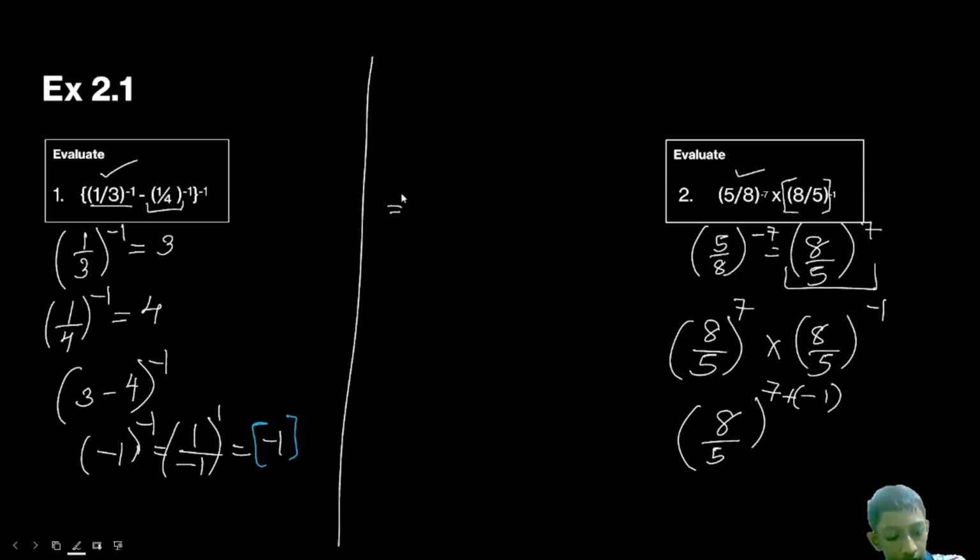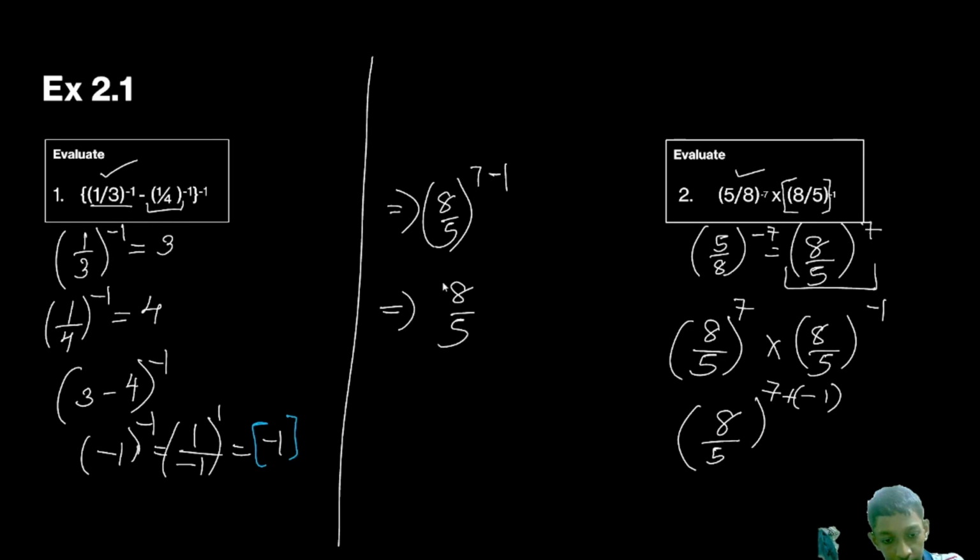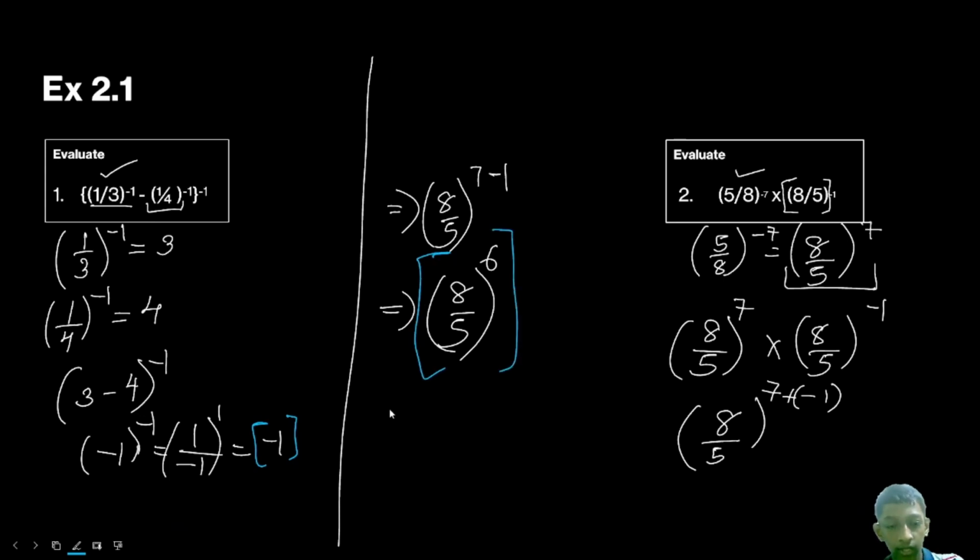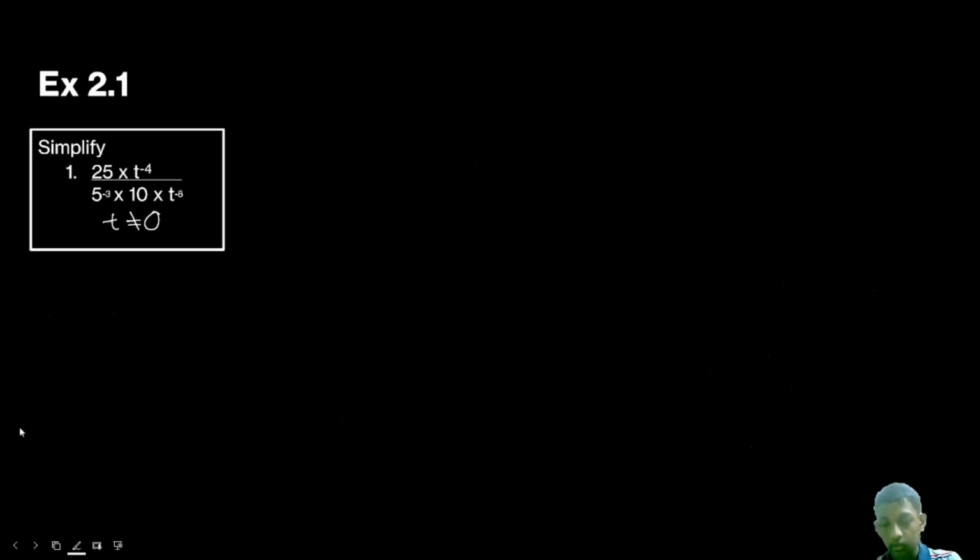So this is equal to 8/5 raised to the power of 7 minus 1, that is equal to (8/5) whole raised to the power of 6. So the second one is (8/5)^6. Now let's move to the next slide.